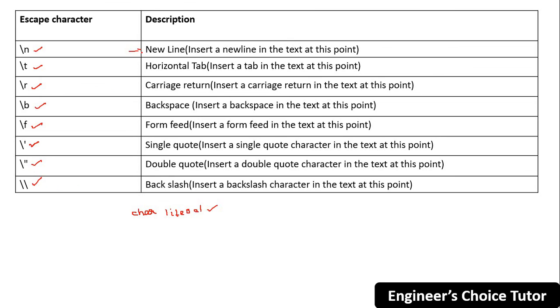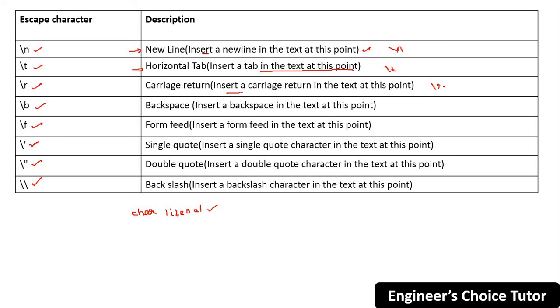I have described the meaning of each here, like backslash n means new line. It means insert a new line in the text at this point, wherever I have used this. Wherever I have used t, insert a tab in the text at this point. Then we have r, carriage return: insert a carriage return in the text at this point.